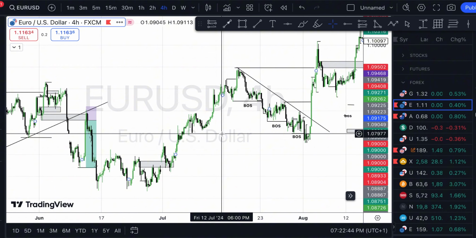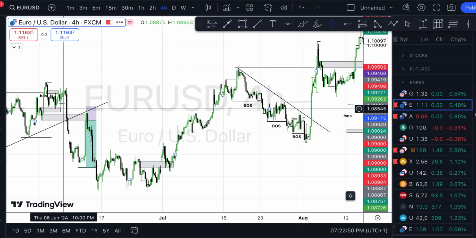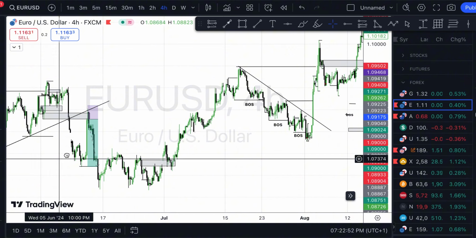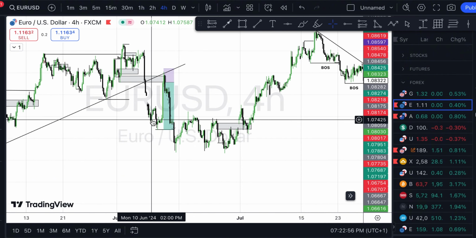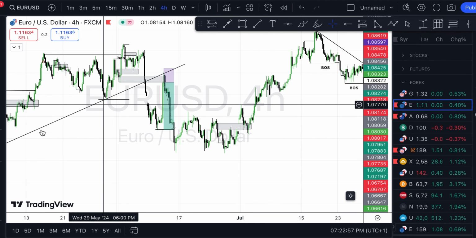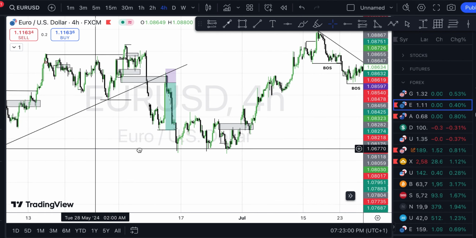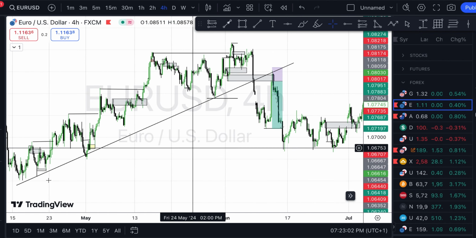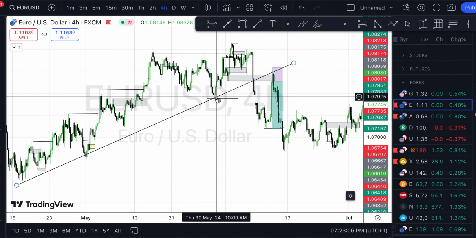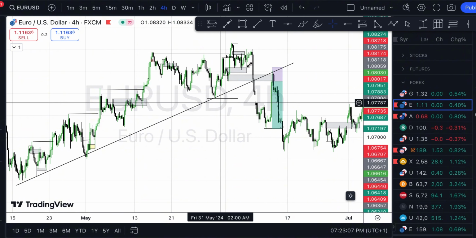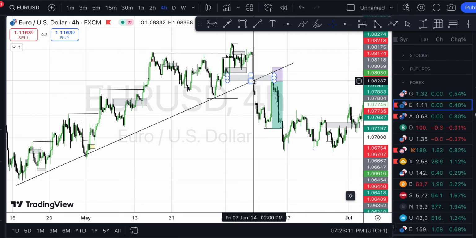Now, I said trend line, you also have breakouts. For example, now here, this trend line here, this is a breakout. I said a trend line should have at least three touches. One, two, three. So now normally we expect price to come here and still react from here and go up.